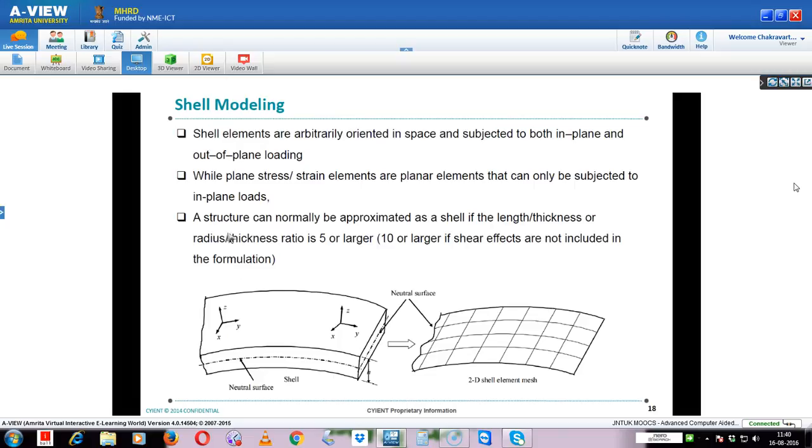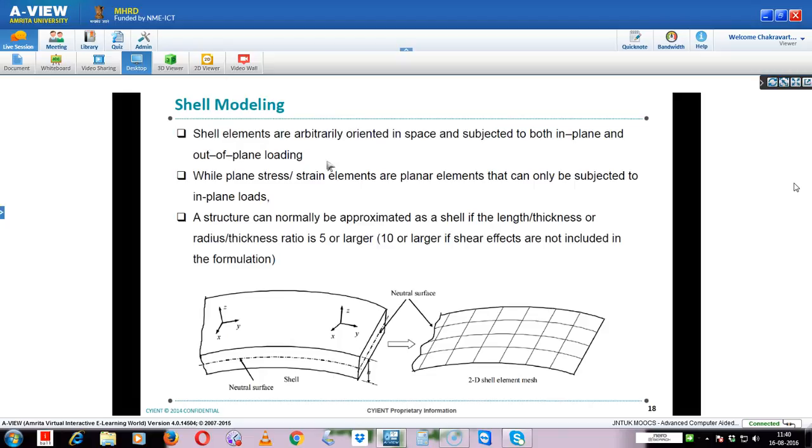And apart from that, these plane stress elements are planar elements. That means this geometry completely lies in one plane. The area should be aligned with the plane. Whereas with shell elements, we can go for curved shapes and different shapes.